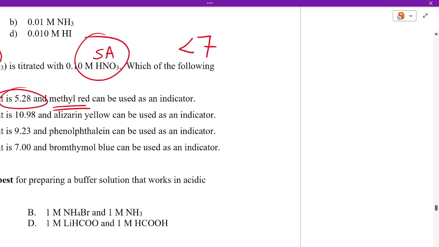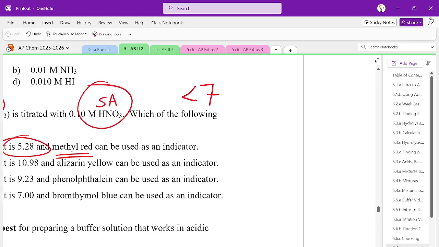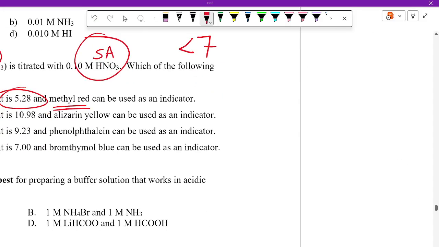Now, why is it actually below 7? Because when you put NH3 with HNO3, who are the products? NH4 plus and NO3 minus.